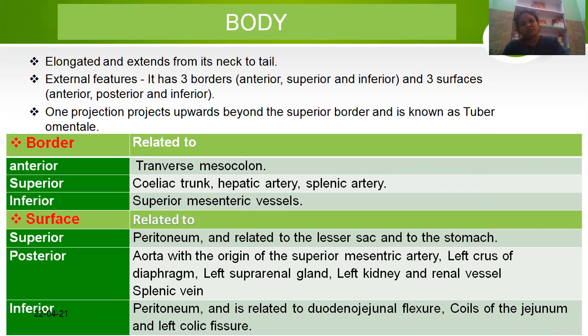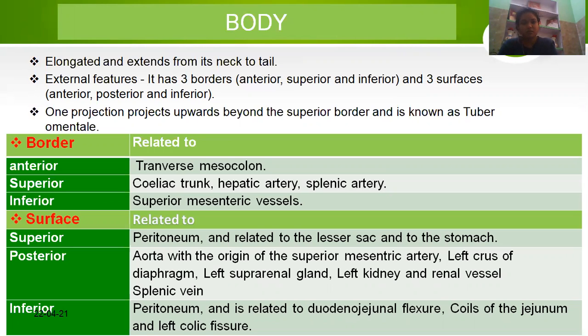The external features of the body: it has three borders, anterior, superior, and inferior, and three surfaces, anterior, posterior, and inferior. We will talk about the uncinate process. And one is the tuber omentale, which is present in the body. So one projection projects upward beyond the superior border and is known as the tuber omentale.